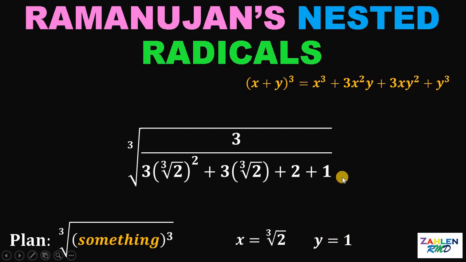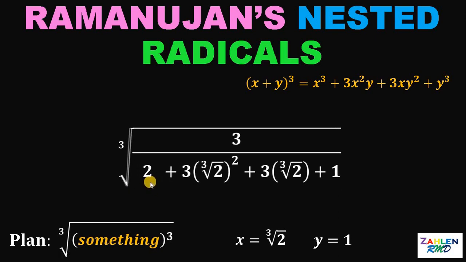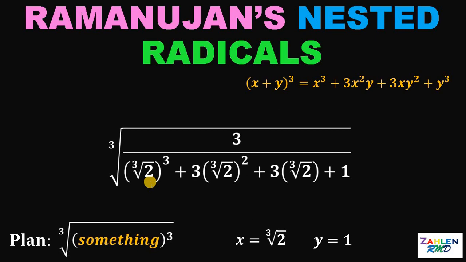So we can use this 1 as 1 cubed, still 1. And this 2, we can put in the front. And take note that this 2 can be written as cube root of 2 raised to 3. Now, we have 4 terms in the denominator. And this is somewhat related to x cubed plus 3x squared y plus 3xy squared plus y cubed.